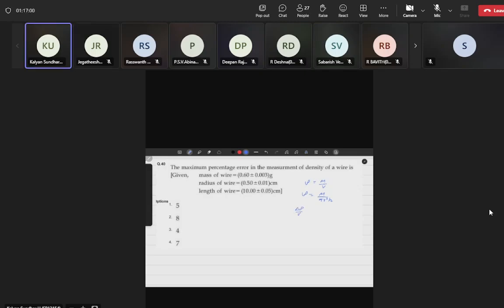Del rho by rho will be equal to del m by m plus 2 del r by r plus del L by L. That's it. Right? For percentage, you multiply it by 100.